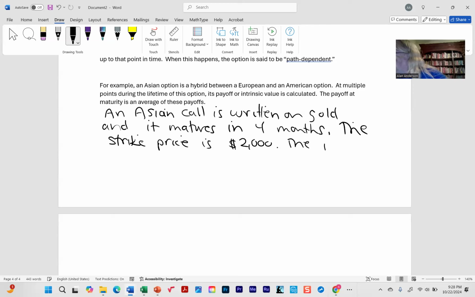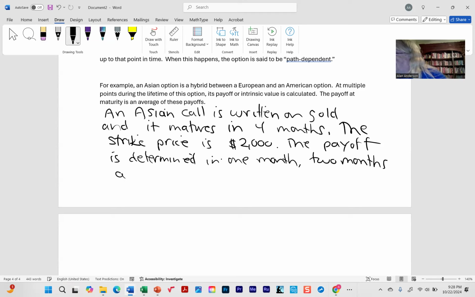The payoff is determined one in 1 month, 2 months, and 3 months.